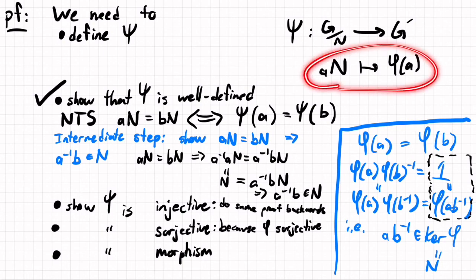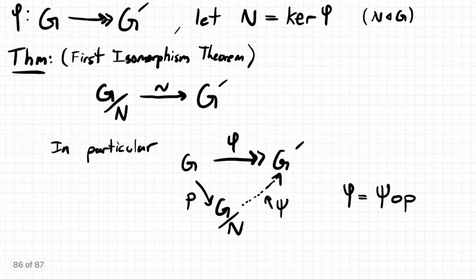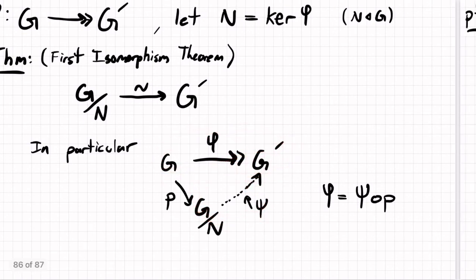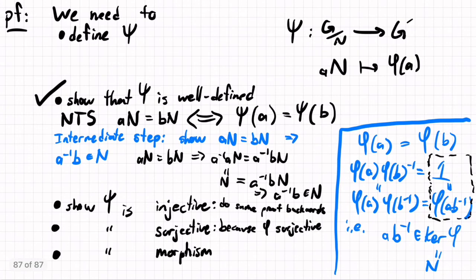It's very easy to check that if we first apply the projection map, then we apply psi, we get exactly the map phi. And then the fact that this is a morphism will be, again, because phi is a morphism.